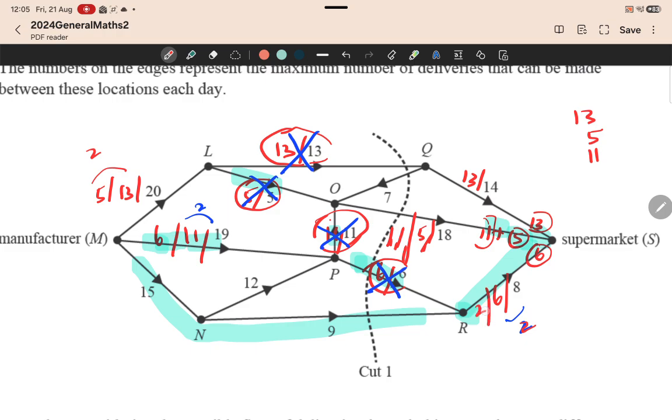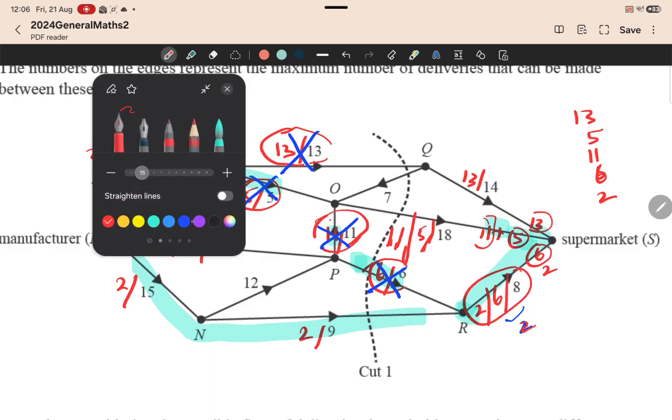So I will push through another 2 there, and add another 2 over here. And that is 2 plus 6, 8. So this has reached maximum capacity.